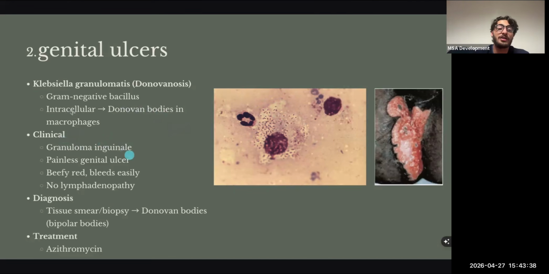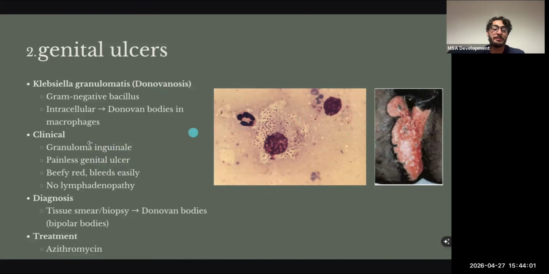And it causes something called granuloma inguinale. The reason we call it a granuloma is because it looks like granulation tissue almost. I'm not sure if you guys remember this from your inflammation lectures, I think in second year, but granulation tissue is very red because of all the angiogenesis.